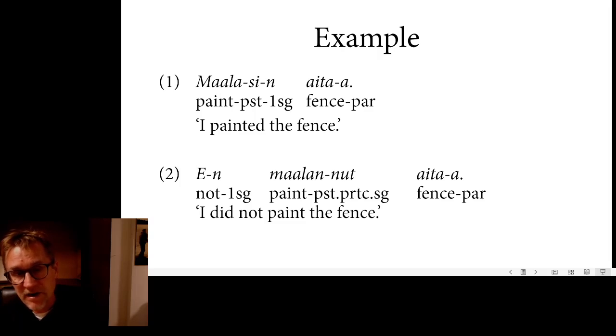So we have another piece of agreement information in the verb still, but it's not full agreement because person features are not expressed. The full agreement is here in the negation. And aita is again the partitive of fence, and the sentence means I did not paint the fence, or I did not paint some fence.